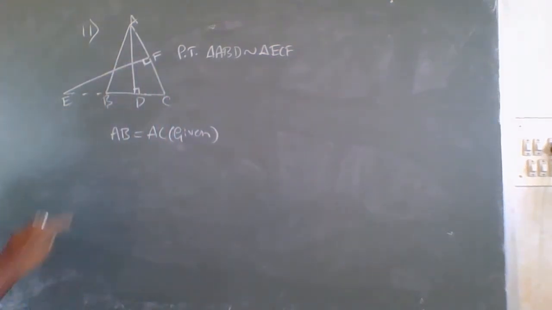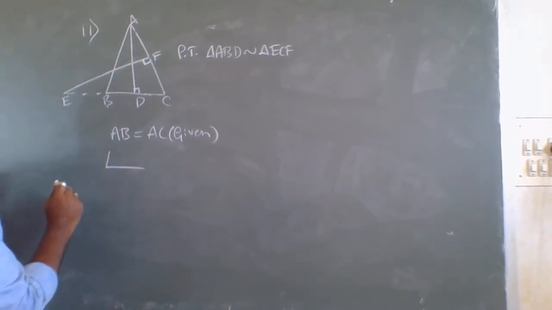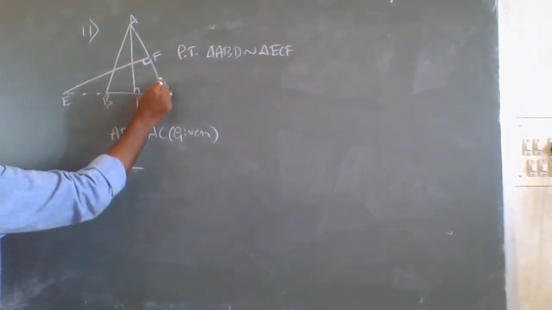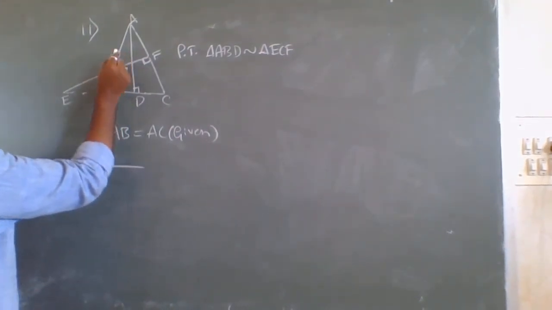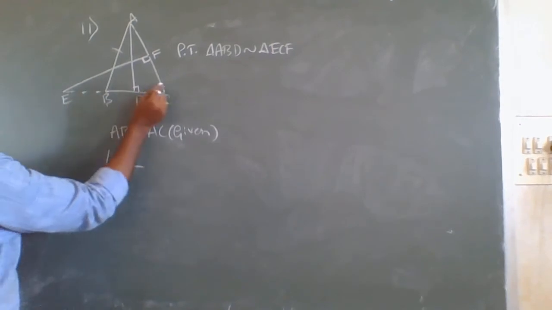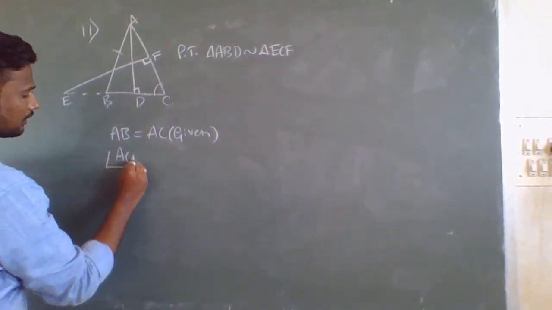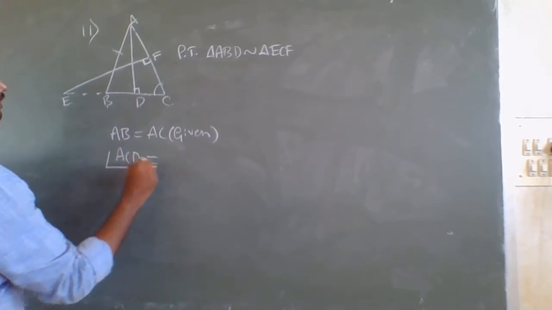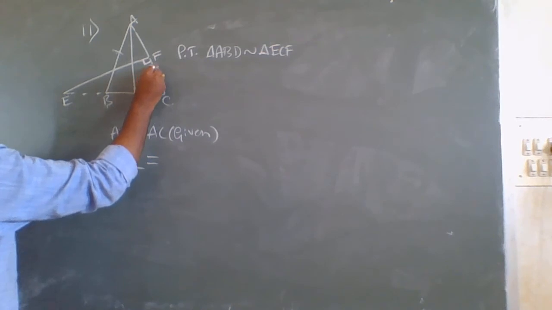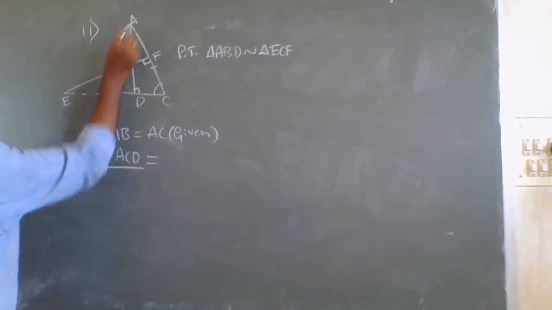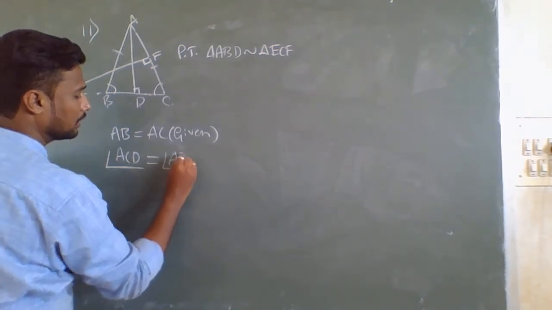Now they are given AB is equal to AC, so the angle opposite to side AB is angle ACD, and the angle opposite to side AC is angle ABD.